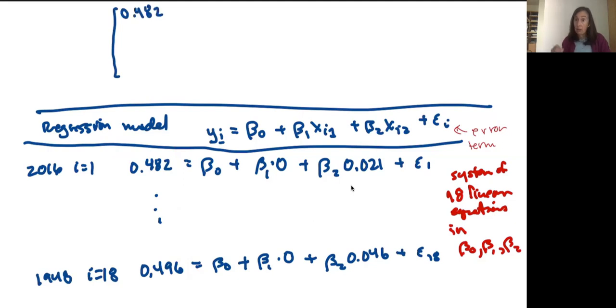That will start with the y value, the dependent variable, the popular vote to the president's party for my first observation, i equals 1, 2016, and I'll have a whole bunch of other numbers here, all the way down to 0.496.